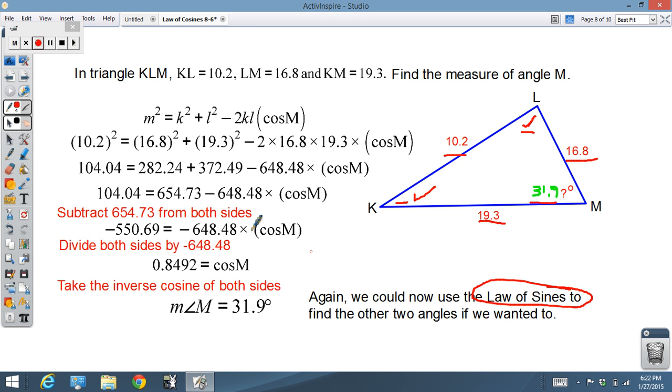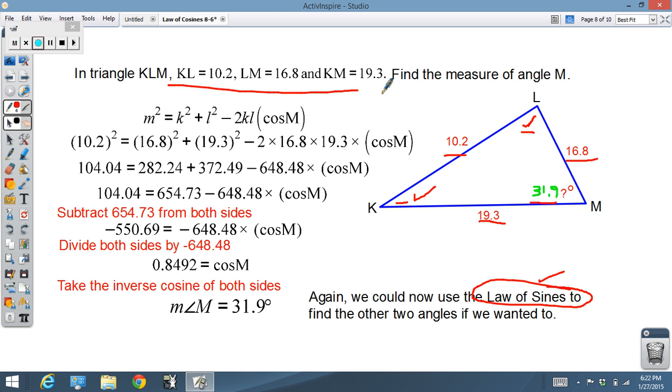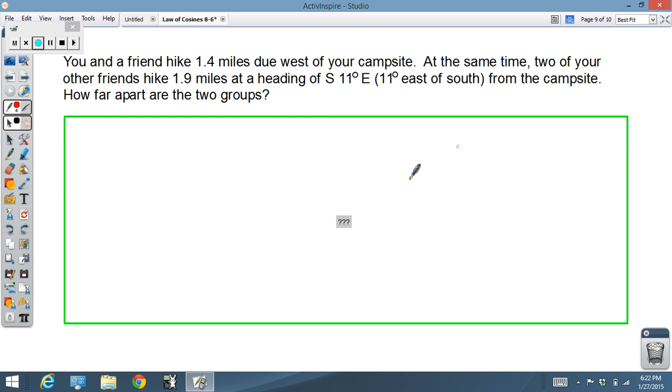So when we use the law of cosines, we usually only have to do it once, and then we use the law of sines to tidy up the rest of the work. But that's how it works in the two situations. Over here with two sides and an angle, and this example shows us how it's done with three sides where we find the angle, and the next example is going to show us how it works in a word problem.